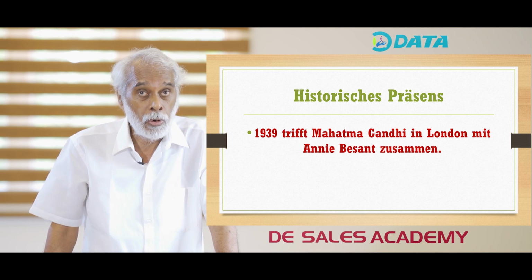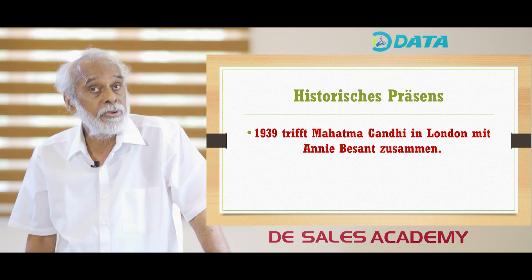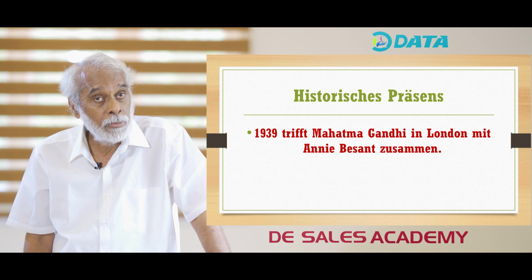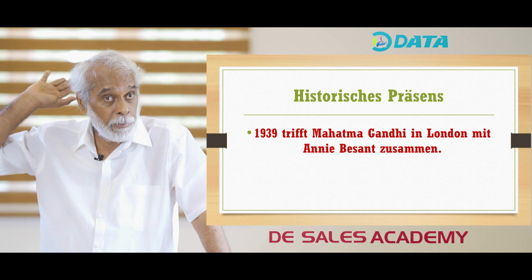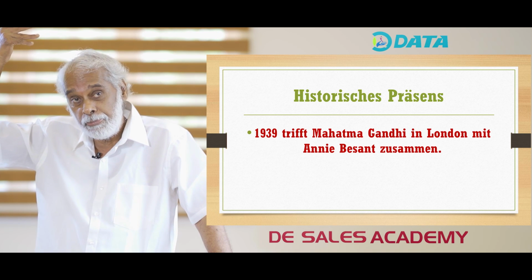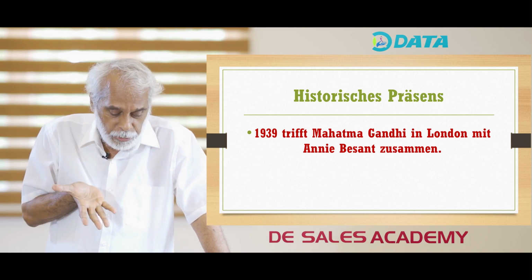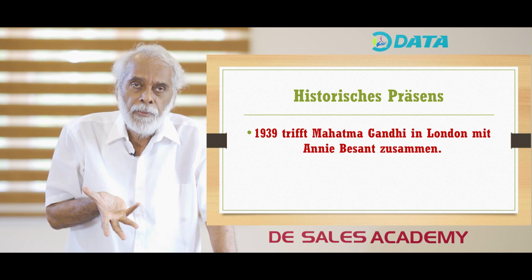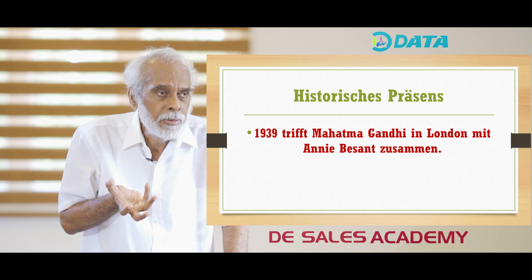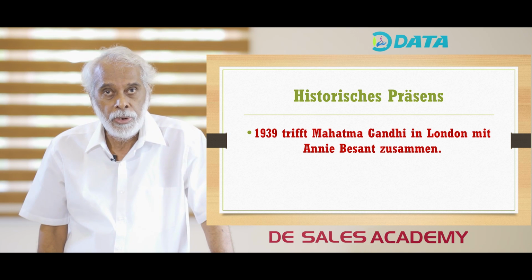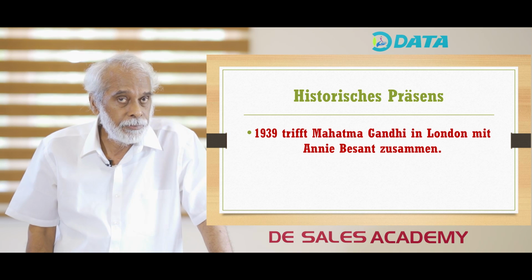Then there is something called historisches Präsens. Though something happened many years back, some people try to express it with the help of a present tense sentence. Why? What is the function?